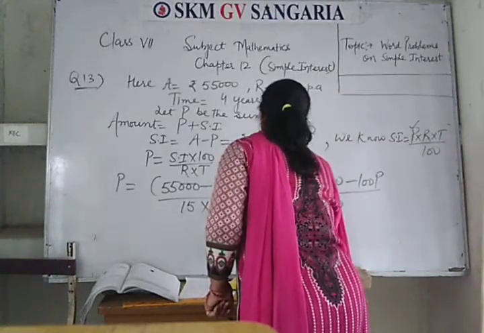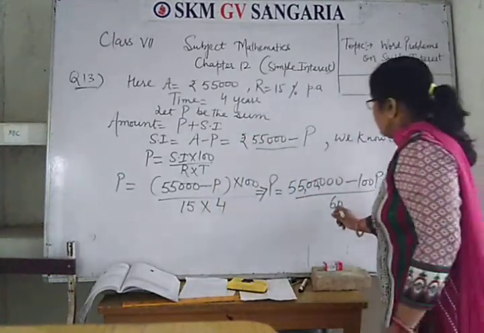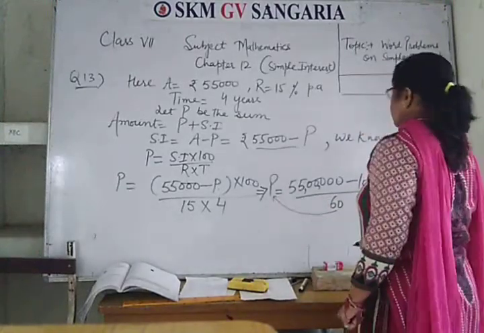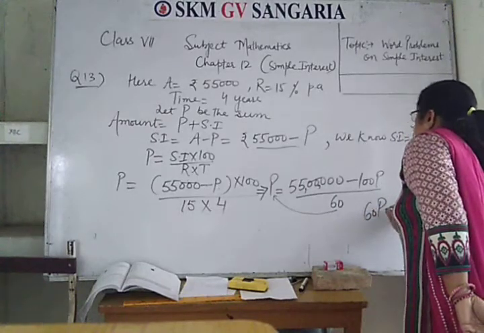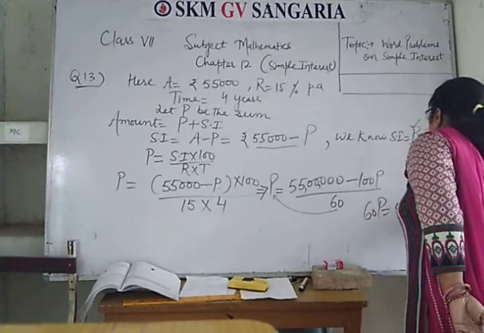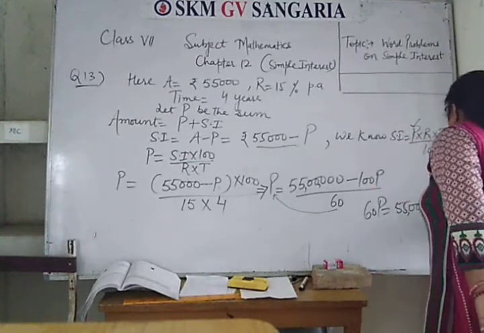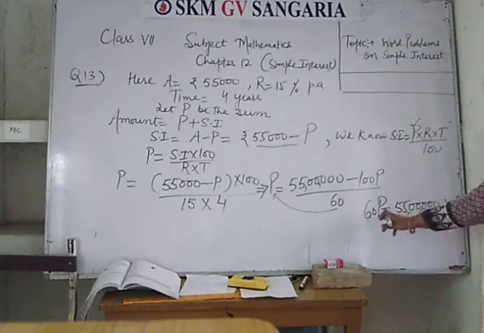That implies P is equal to, okay, now this will be cross multiplied with P. It will become 60P is equal to 55 lakh minus 100P. So we will solve this equation here.